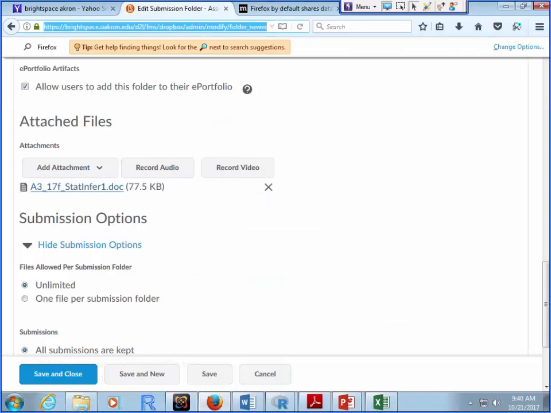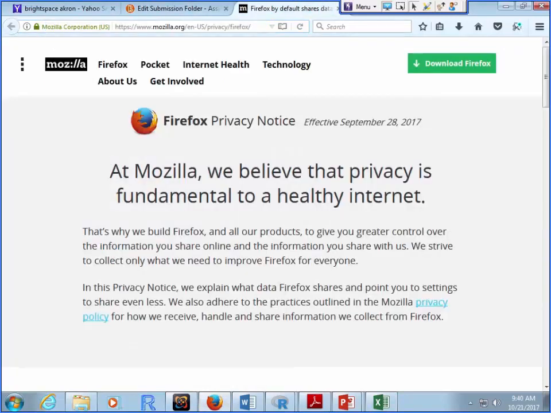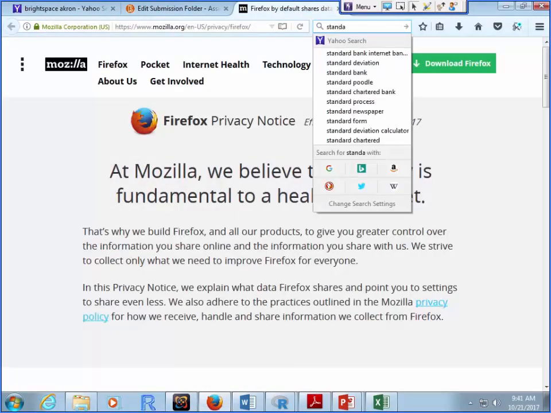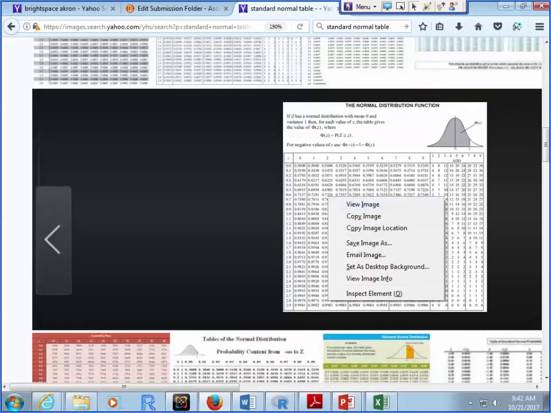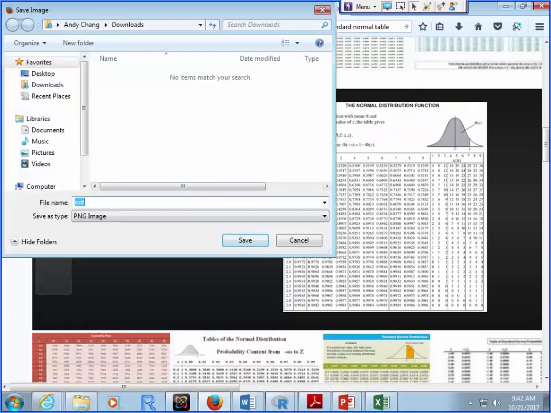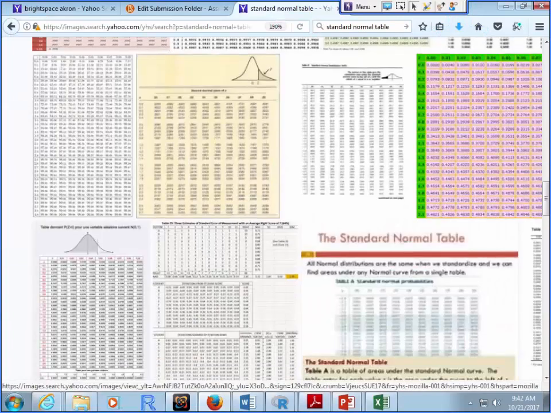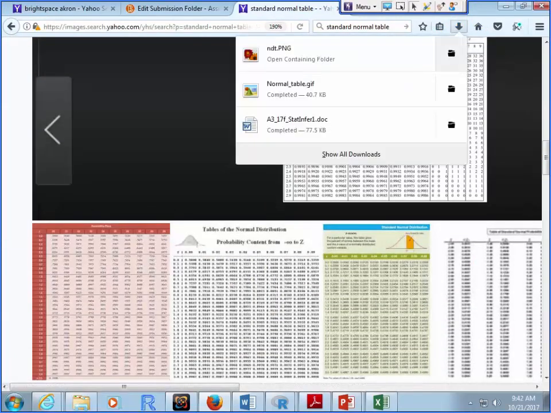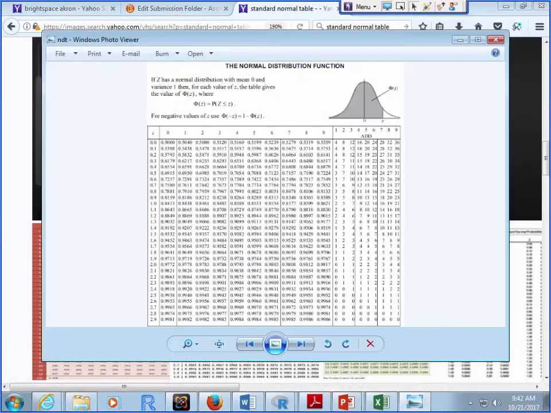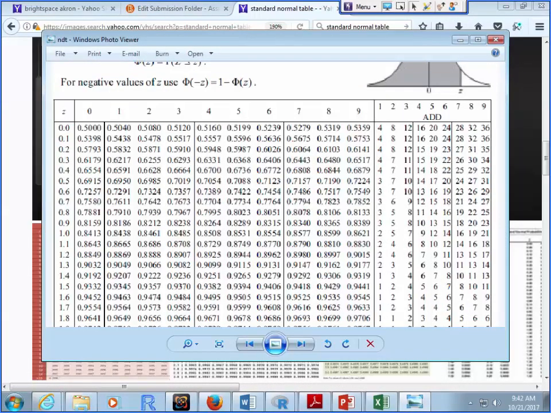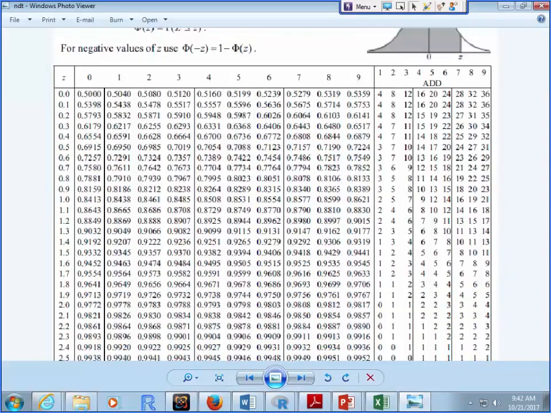Or you can just look up a standard normal table. Let me find any standard normal table. Maybe this one. There are all kinds of tables out there, and I hope you can use any table.